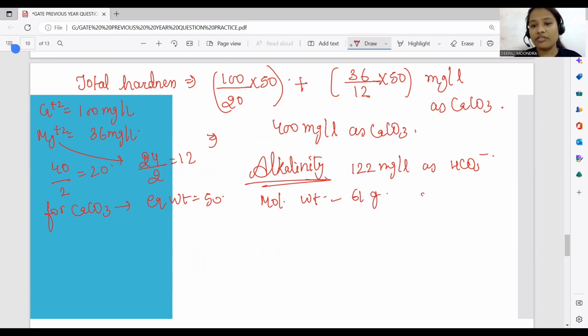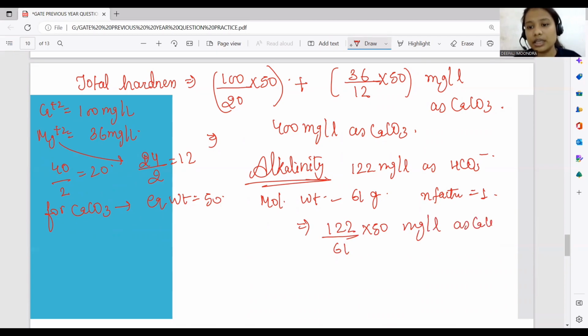And its N factor is 1, so its equivalent weight will be 61 only. So alkalinity will be 122 divided by 61, into 50, that is 100 mg per liter as CaCO3.